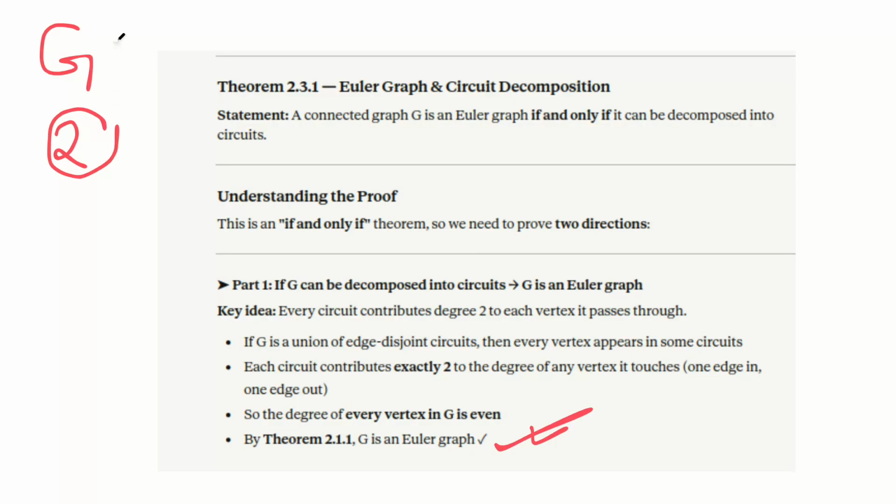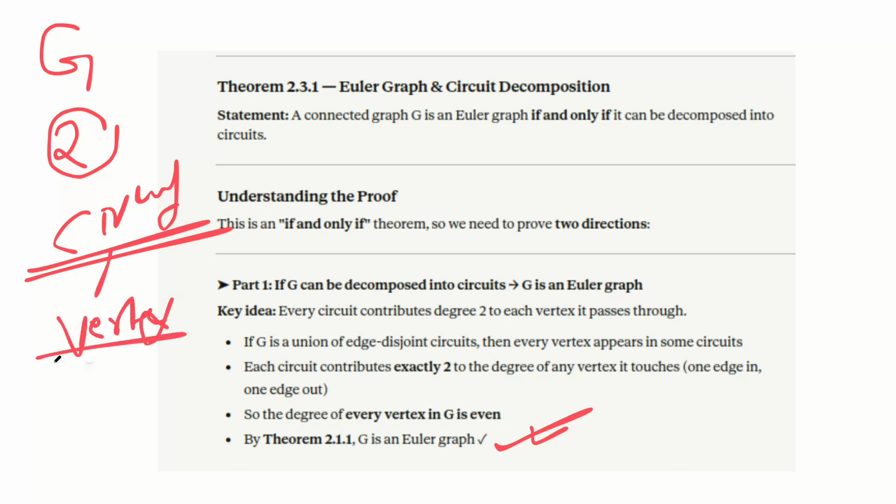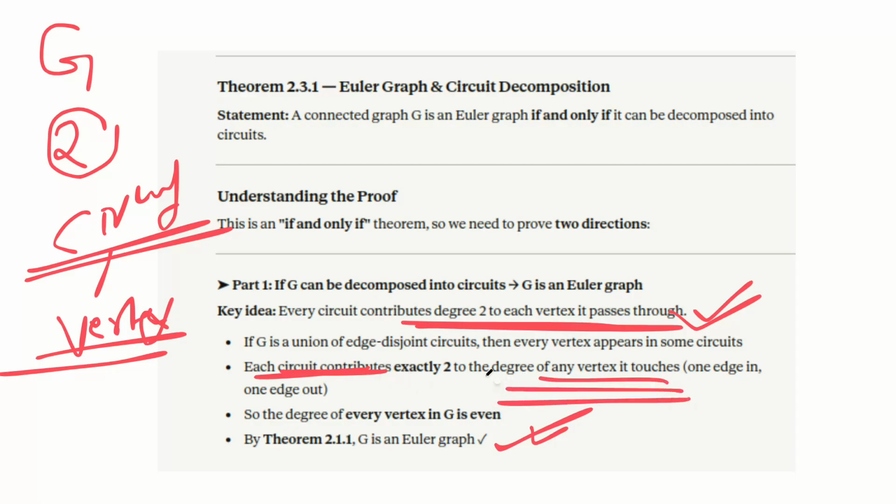If you consider one circuit, every vertex in it has exactly 2 as its degree, because the circuit contributes degree 2 to each vertex it passes through. Finally, if I take the union of all these circuits, every vertex appears in some of the circuits.